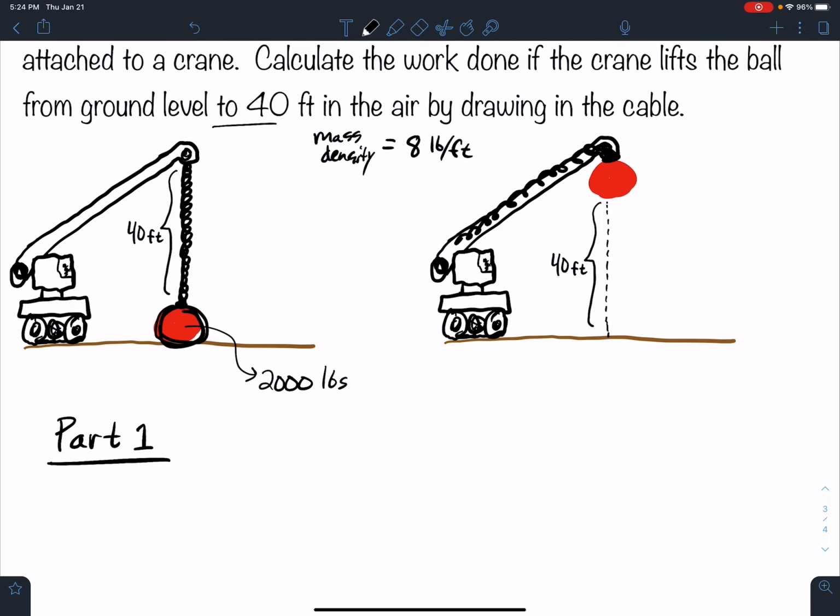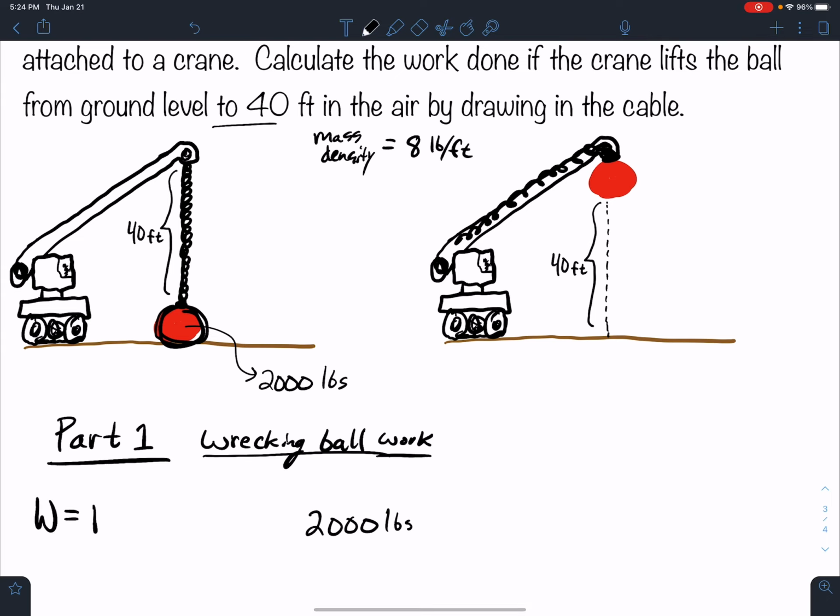The wrecking ball is 2,000 pounds. What do I know about work for the wrecking ball? The wrecking ball work is equal to the force multiplied by the distance.